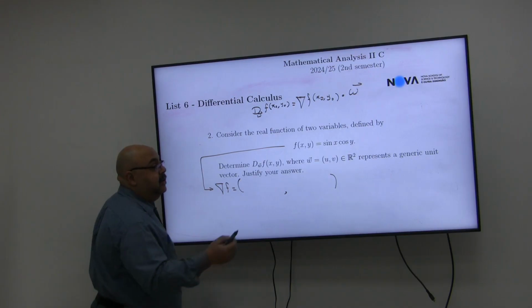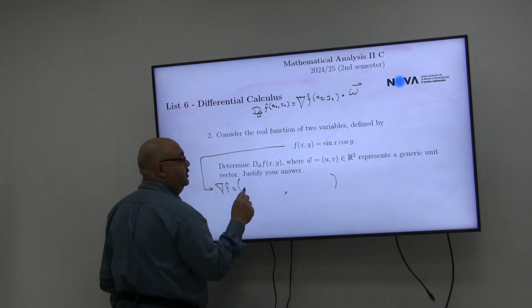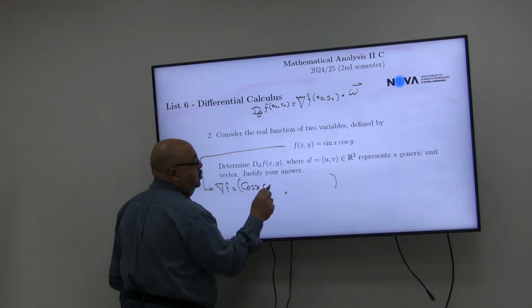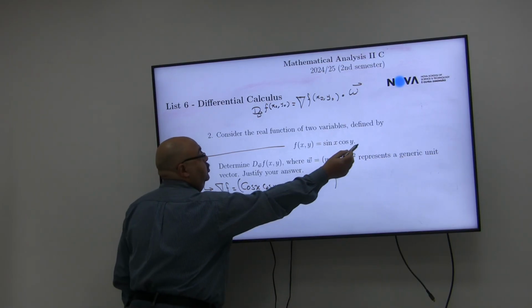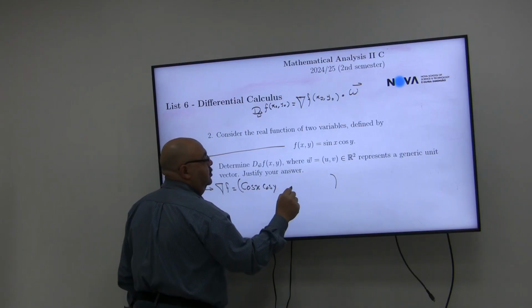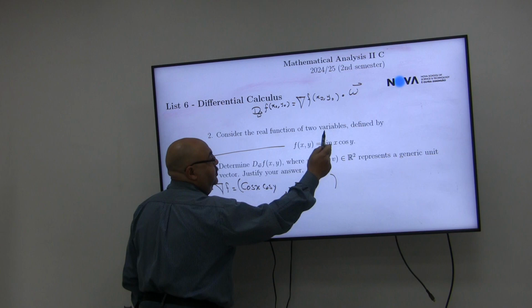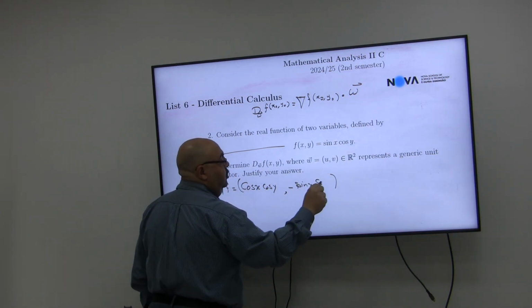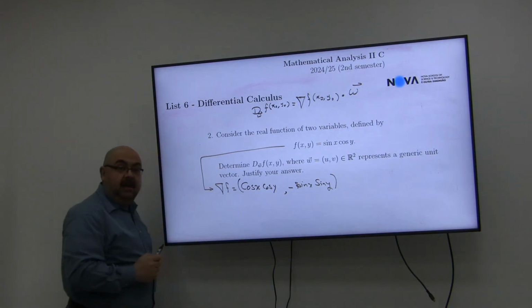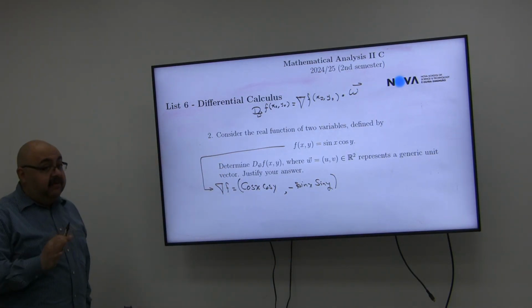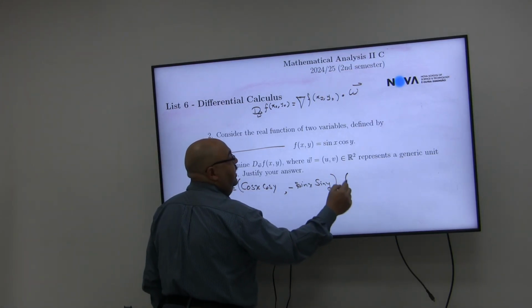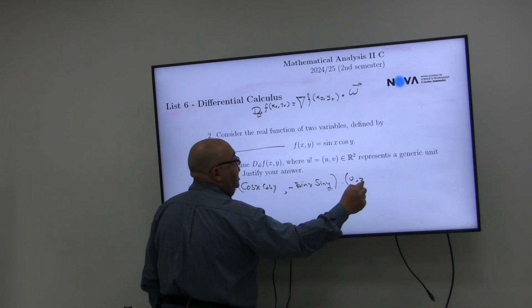Start differentiating with respect to x, which leaves you with cosine x cosine y, am I right? Differentiate with respect to y: for the first component, the derivative of sine x is cosine x, but differentiating cosine y gives negative sine y, as you can see. Now I have the gradient vector. All I have to do is multiply this by u and v.